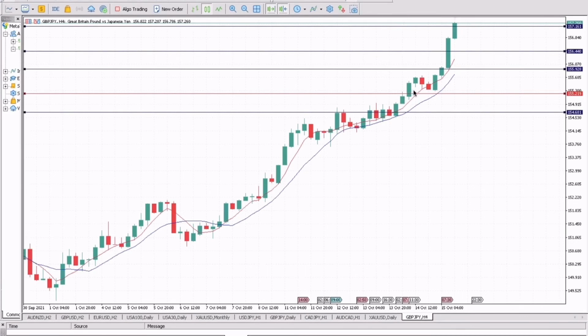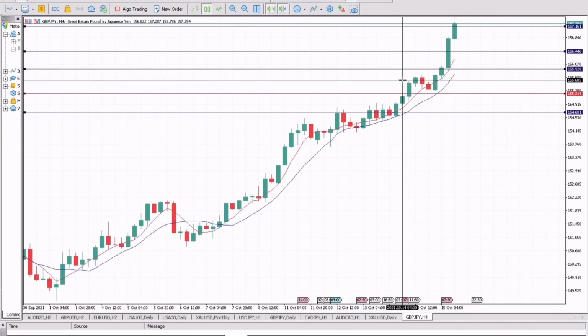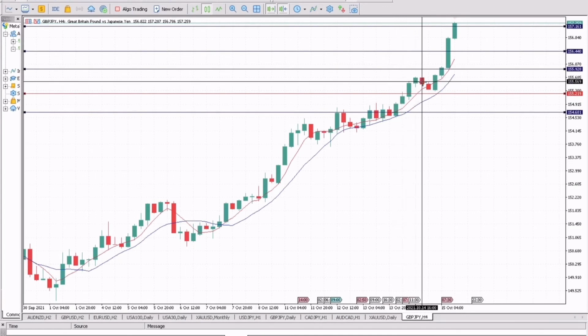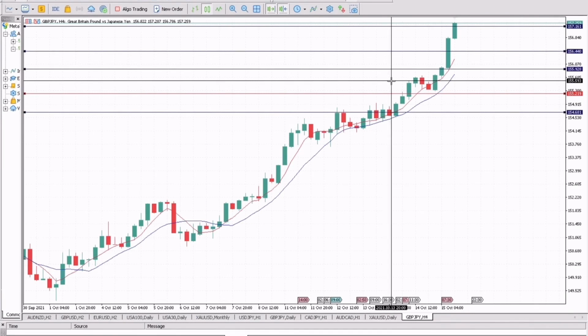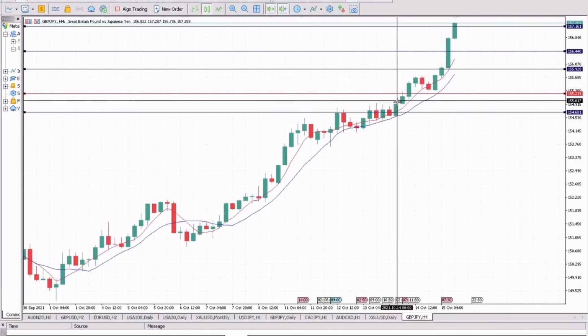Here is the pivot point, for instance. This is the 4-hour time frame.